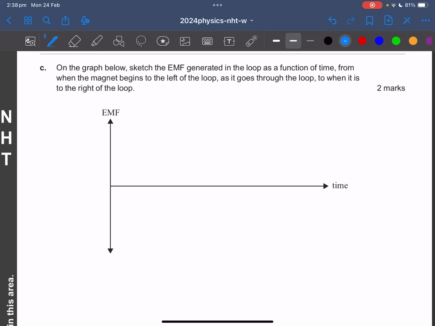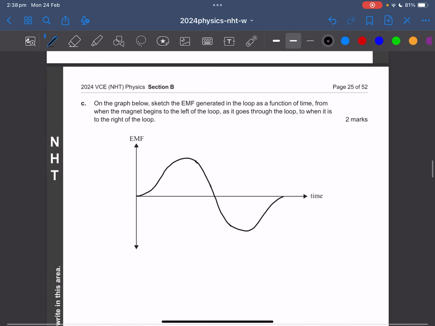As it goes closer to the loop, it's going to face an increase, and then as soon as it's in the middle of the loop, it's going to drop down to 0, and as it goes to the right, it's going to face a slight increase again. I can't draw the graph smoothly, but something like that. It's basically like a sine curve essentially.